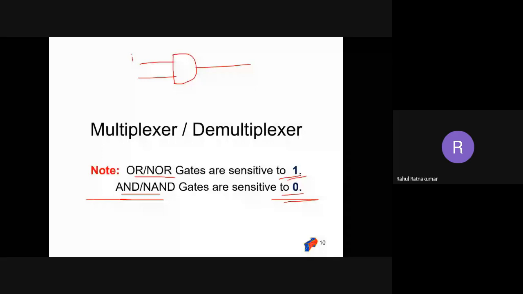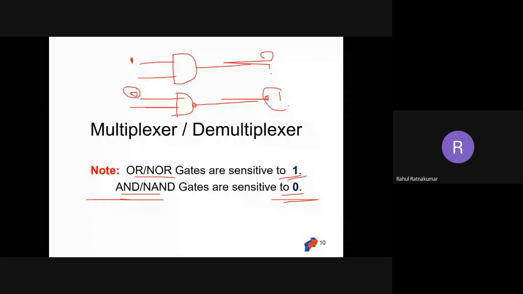I still don't know what my output is. But if I have a similar AND gate and I give input 0, I know very well that the output is surely 0. The same is the case for the NAND gate. Whenever there is an input 0 to the NAND gate, I'm sure that the output is going to be 1.